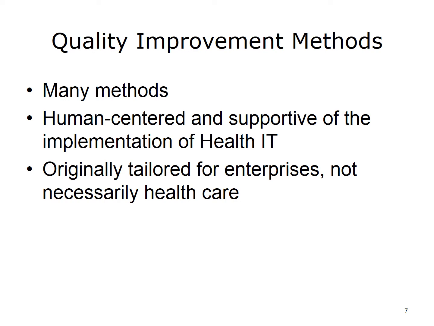Ransom 2004. Quality improvement methods were originally tailored for enterprises, not necessarily healthcare. For example, Six Sigma was designed for manufacturing, but has spread to service enterprises, including healthcare. Each of these have met with success, but application of these methods in healthcare has also met with challenges.